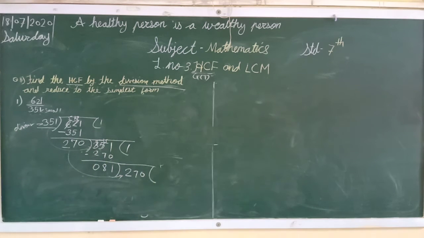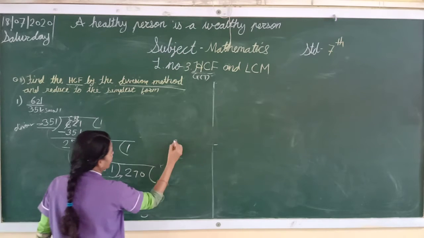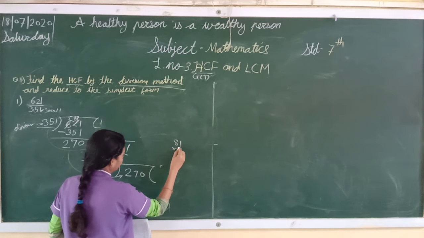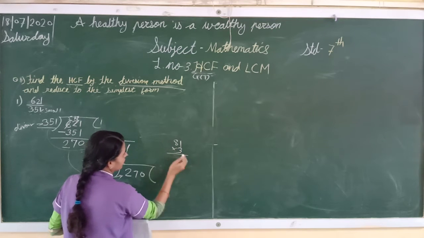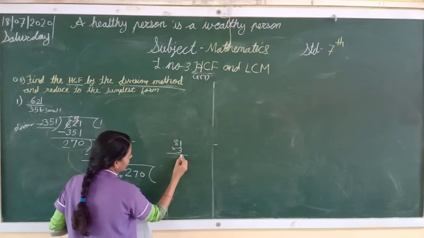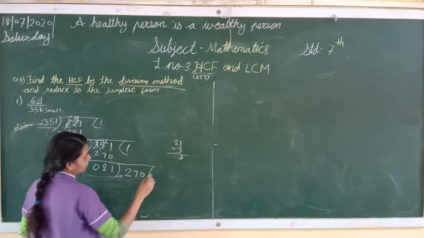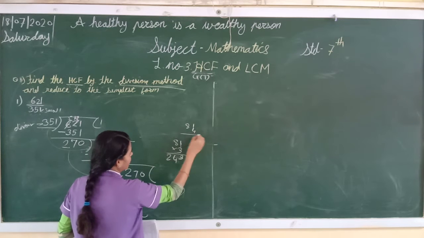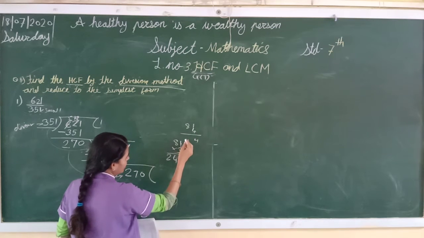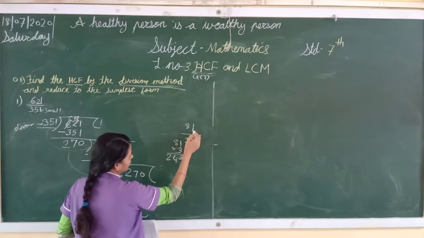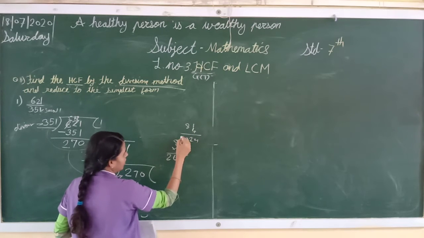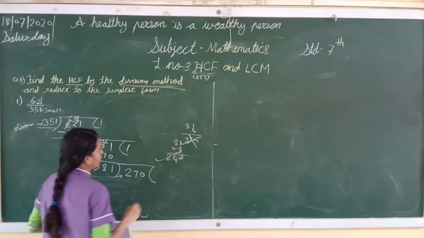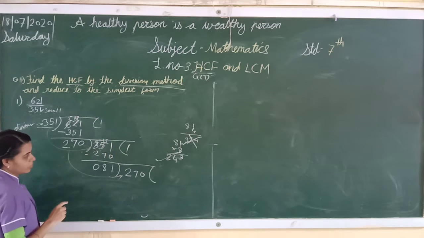Now the next one. 3 ones are 3, 3 eights are 24, 4 ones are 4, 8 fours are, this is a greater number than this number, so we will not take this one. Which one, 243.